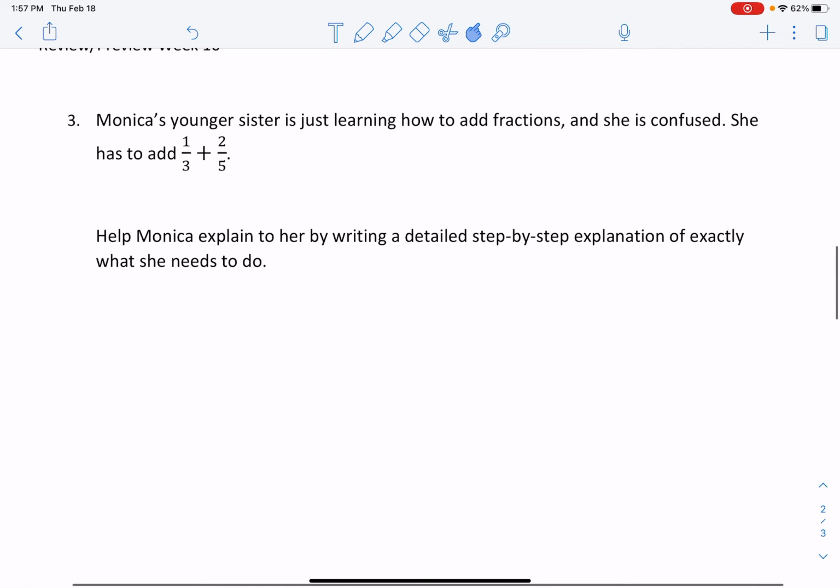Okay, so number 3 says Monica's younger sister is just learning how to add fractions and she's confused. She has to add 1/3 plus 2/5. Help Monica explain to her by writing a detailed step-by-step explanation of exactly what she needs to do. So let's do that first. So what we want to do is make sure the denominators are the same.